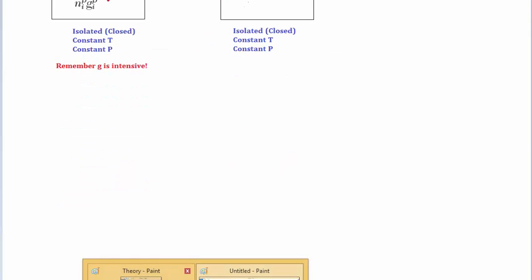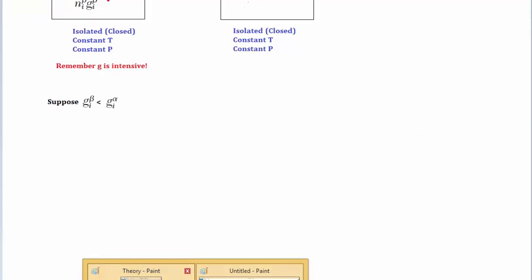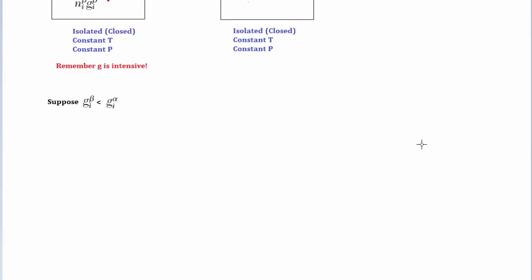Okay, what's our other situation? Well, our other situation is going to be the opposite. It's that our Gibbs energy in the beta is less than our Gibbs energy in the alpha. But if we want our overall expression to be negative, once again, what that means is that dn beta must be positive.